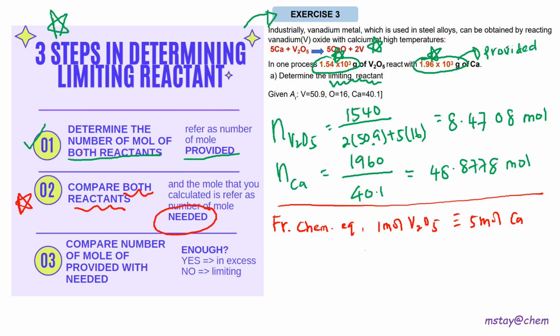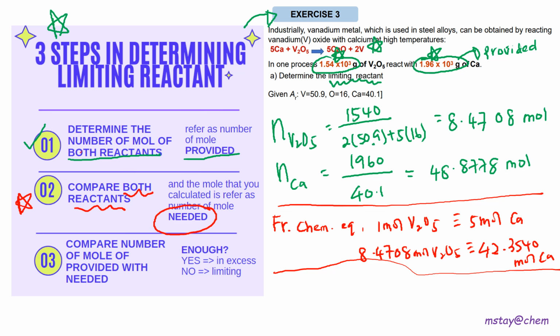While here we have 8.4708 mole of vanadium oxide. So when we press the calculator, we will need 42.3540 mole calcium. So just like we mentioned, this is what we need.